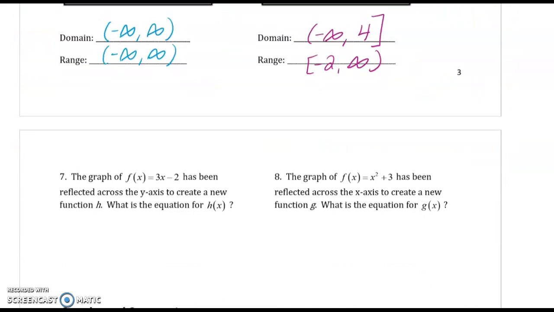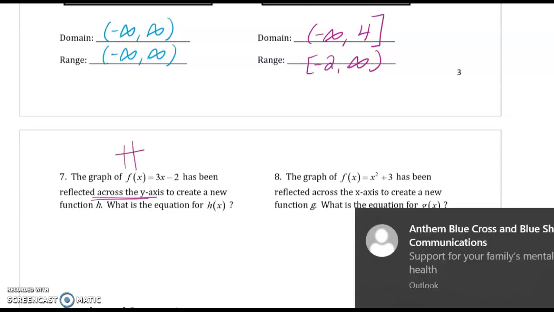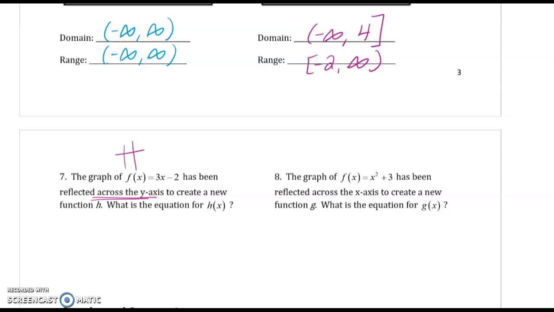The graph of 3x minus 2 has been reflected across the y-axis, right? So that is a horizontal reflection, which means that it's going to affect the x's, right? So what I'm going to do is plug in a negative x for my x. Negative 3x minus 2. That's my new equation.